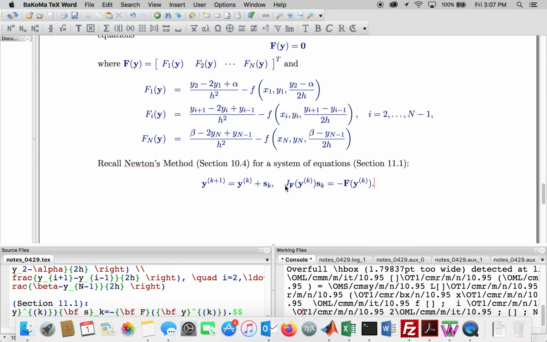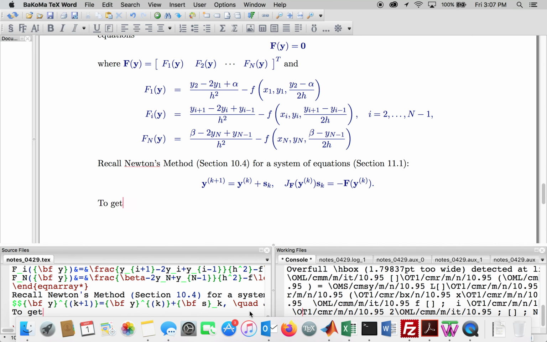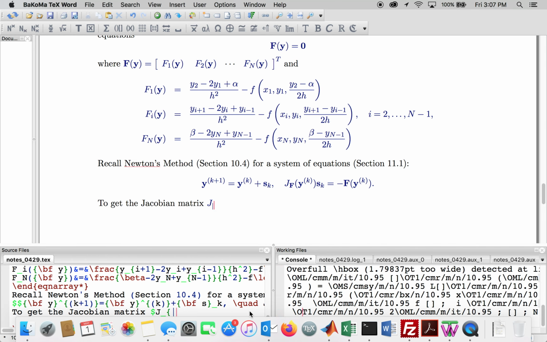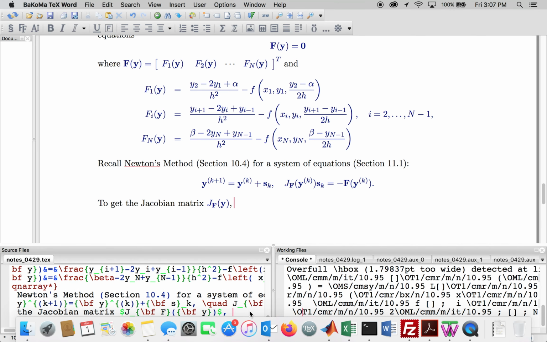But what we also need is this Jacobian matrix. So how can that be specified? So to get the Jacobian matrix, JF, evaluated at any given y, how do you do this?